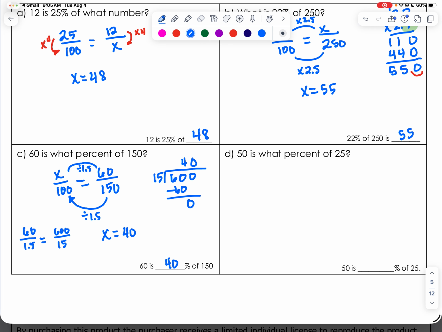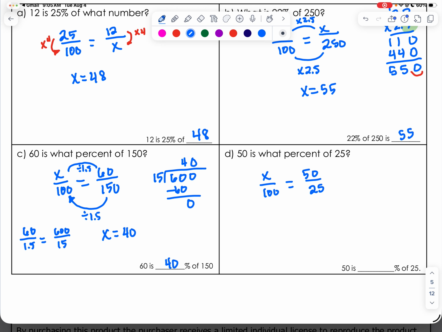All right, problem D. 50 is what percent of 25? All right, I do not know the percent, x over 100. I know my part is 50 and my whole is 25. So there's a couple ways we could do this.